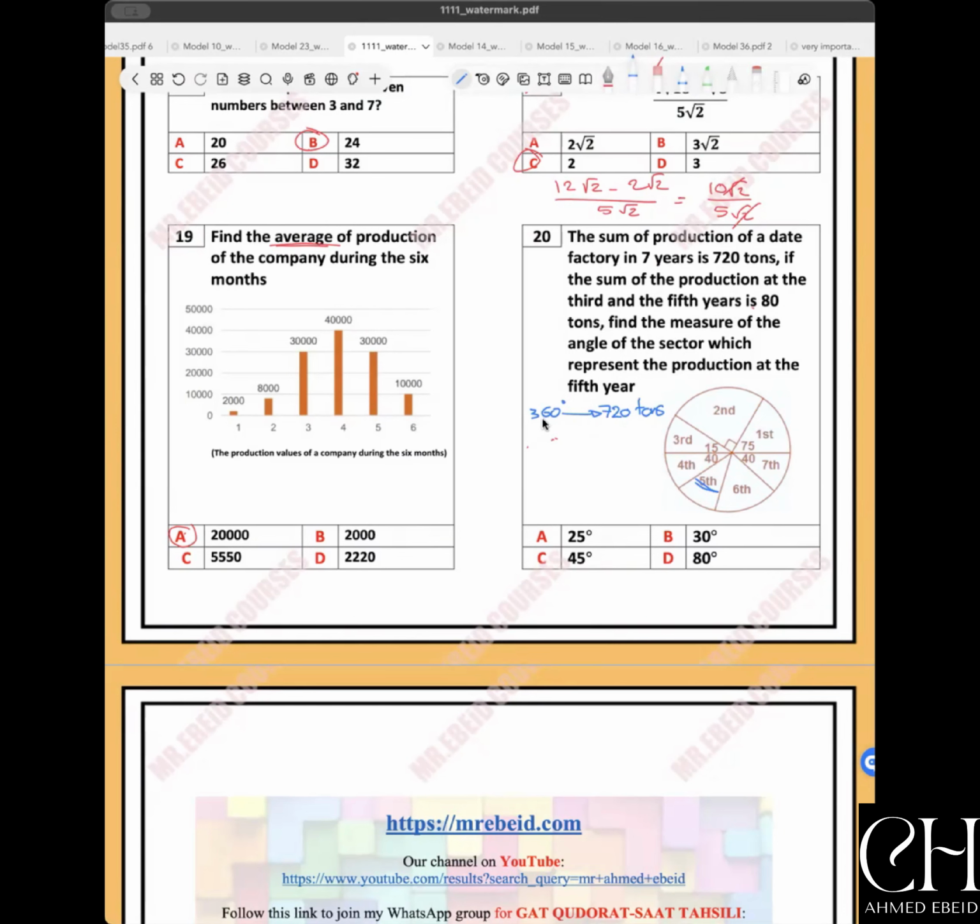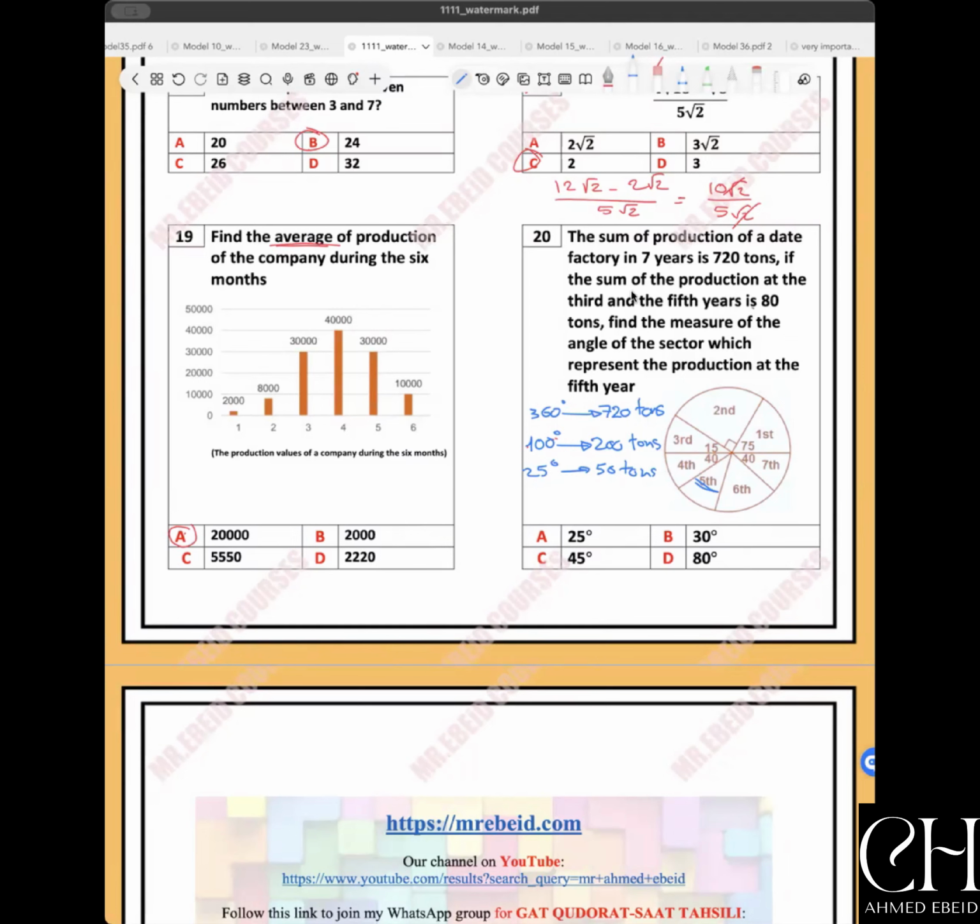And 360 is half of 720. It means if you have an angle of measure 100 degrees, its production is 200 tons. It's double. And also if you have production 50 tons, for example, its angle is 25 degrees.